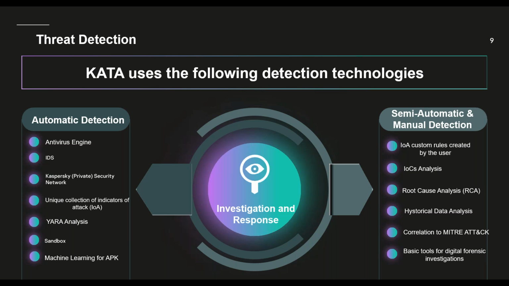Because sometimes we need both, right? We have the antivirus engine, which is widely awarded worldwide. We also have intrusion detection rules, Kaspersky Private Security Network, Yara analysis, and sandbox and machine learning for APKs for Android.